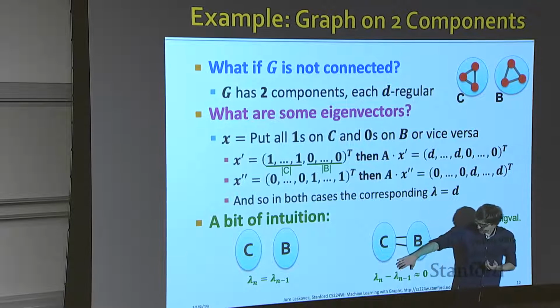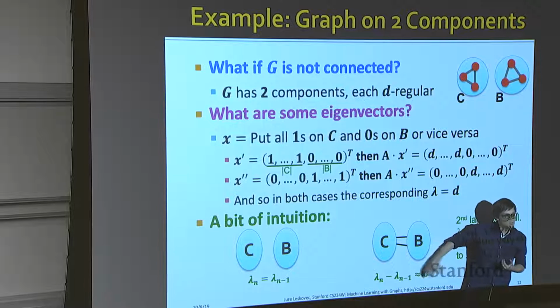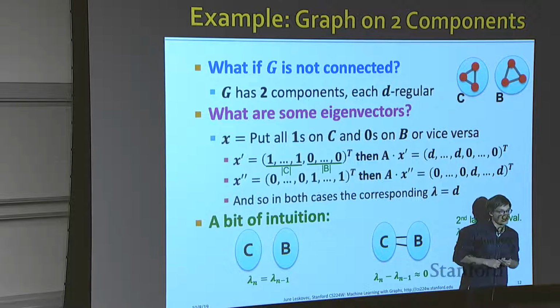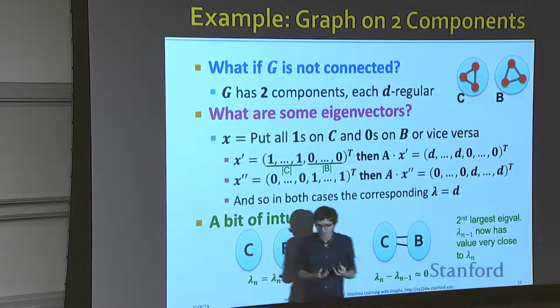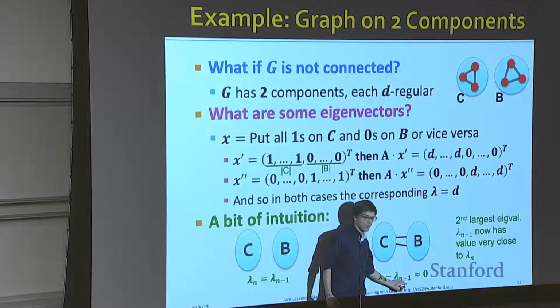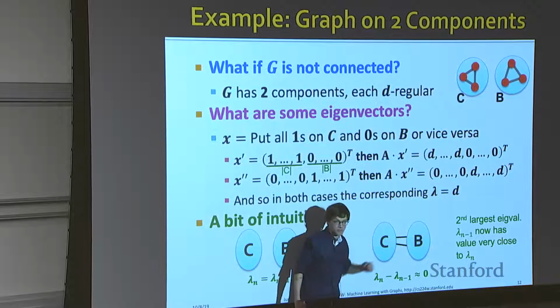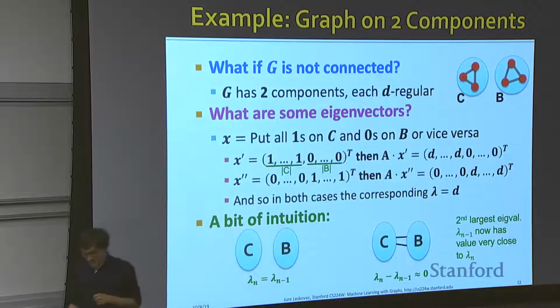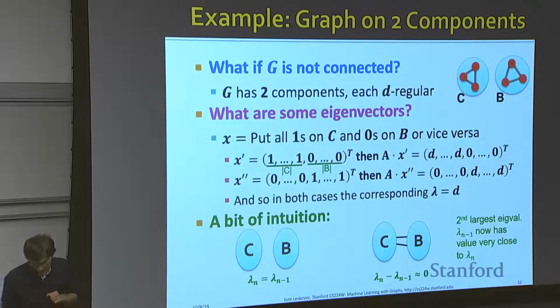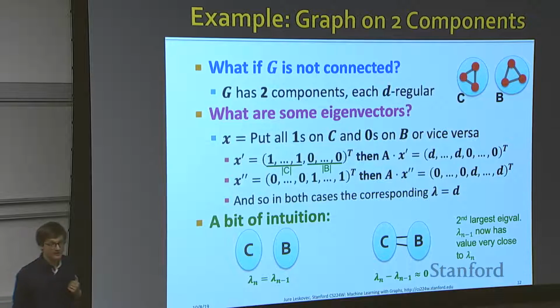The largest and the second largest eigenvalue will be very close together. So this intuition indicates that the second largest eigenvalue will tell us a lot about what nodes should be in the component B and what nodes should be in the component C. So that's the intuition, but there is still a long way to get there.